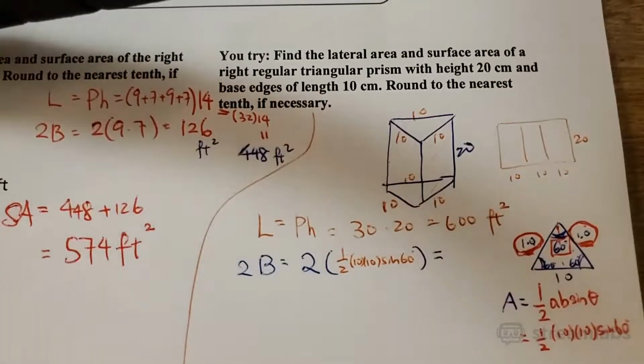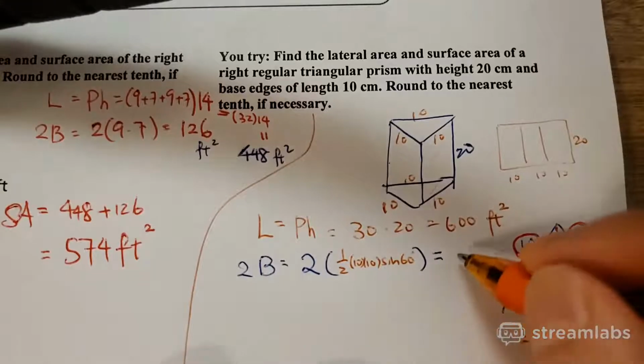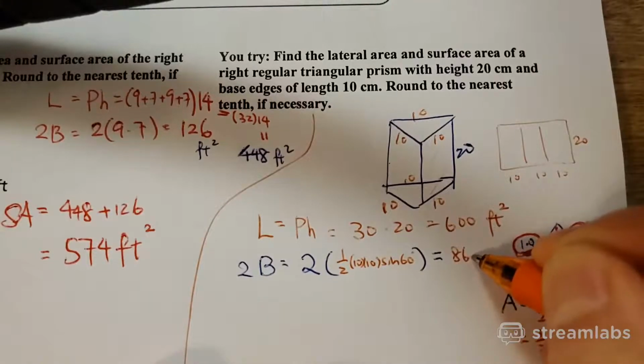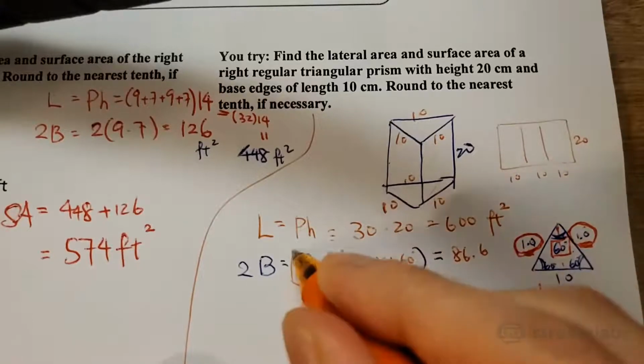the 2 bases will give you 86.6, because you have to multiply this by 2, okay?